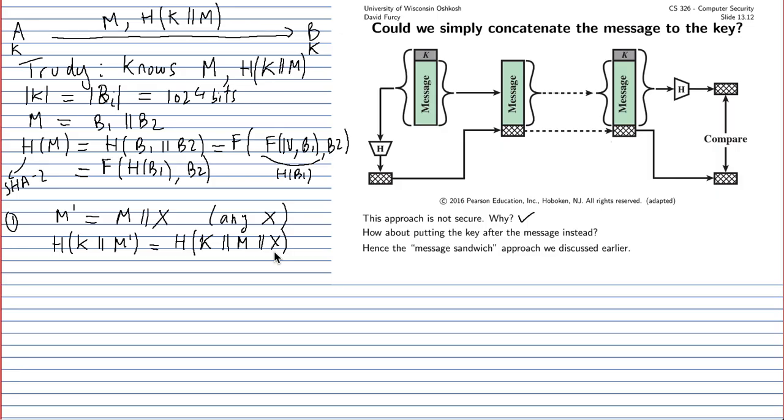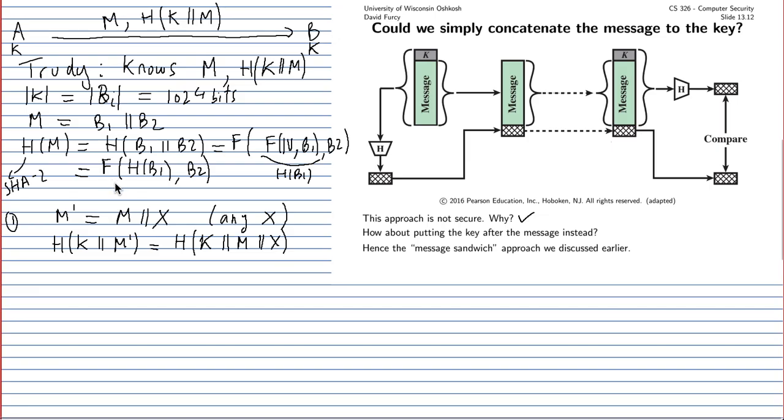And so now think of this as one message followed by, say, a single block, even though X could be arbitrarily long. But let's make this a regular message, and let's make this a block.